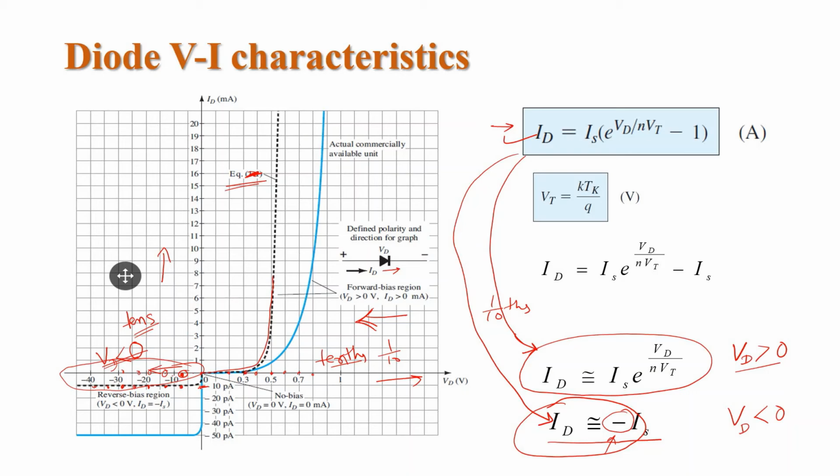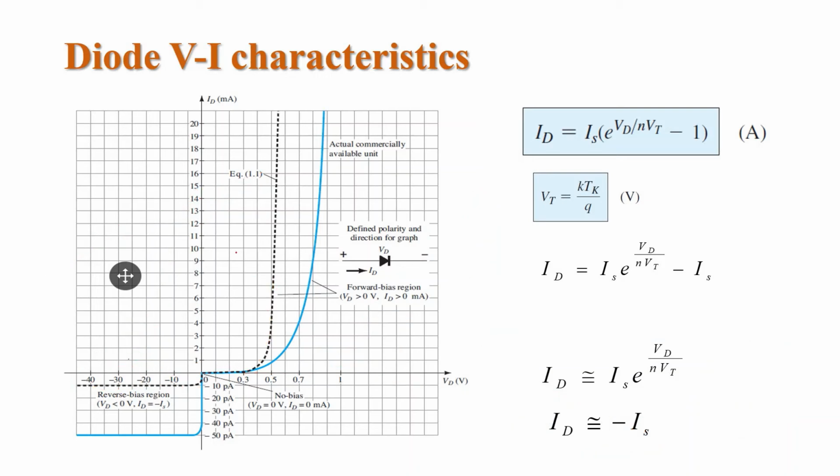That's why the nomenclature gets justified, that is, IS being called the reverse saturation current. We are increasing the VD in the negative direction, and still the reverse saturation current is observed saturated.